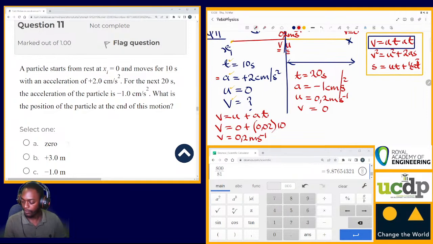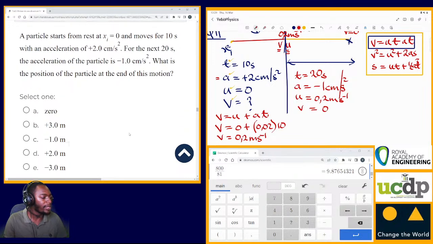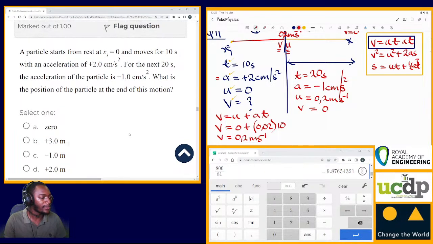Now the question goes on to say, calculate the distance traveled. What is the position of the particle at the end of this motion? So what can we use there? We can now use v squared is equal to u squared plus 2as.